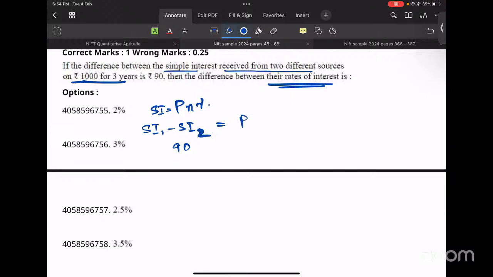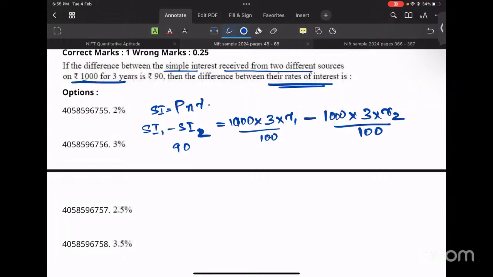The principal is 1,000, the number of years is 3, and the rate of interest R1 we don't know, by 100. Minus another: principal 1,000, number of years 3, rate of interest R2, by 100.